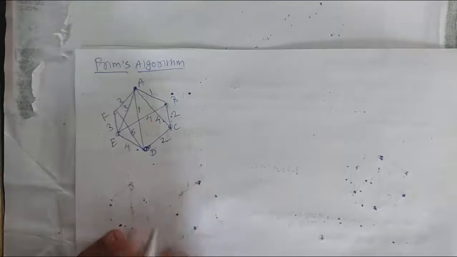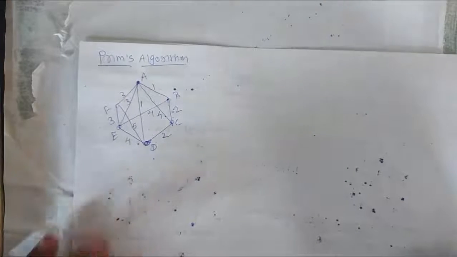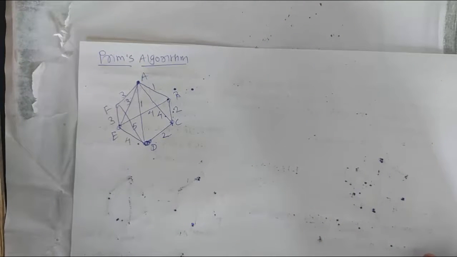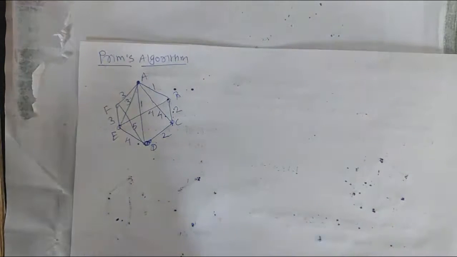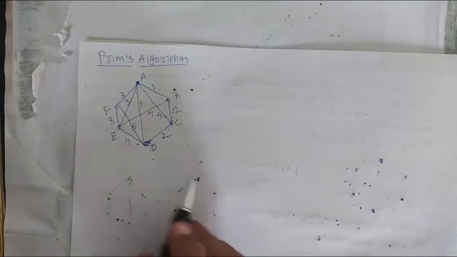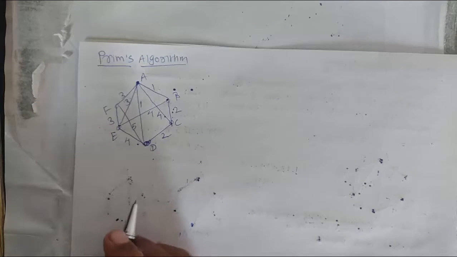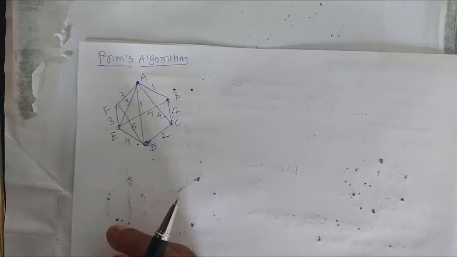For finding the minimum spanning tree using Prim's algorithm, first choose any vertex V1 from the graph G. Now next choose one of the edges of the smallest weight in G which is not a loop and which is incident to V1.